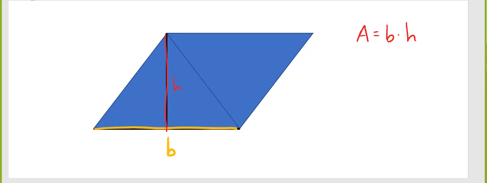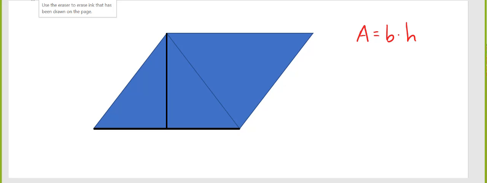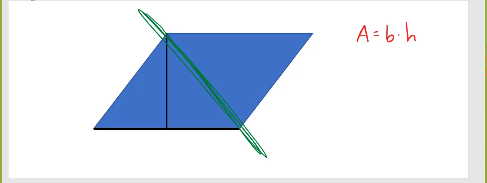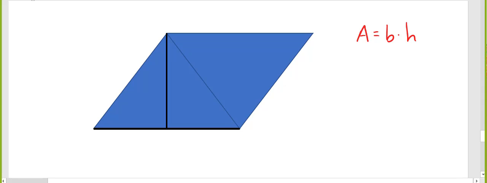Nothing new there, right? Okay, what if on this parallelogram I cut it right here? I put a line down there and I cut it. If we cut that parallelogram right in two, let me see if I can do this for you. So we made a line right there.